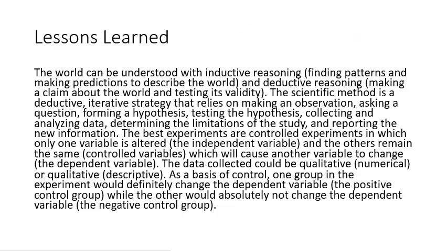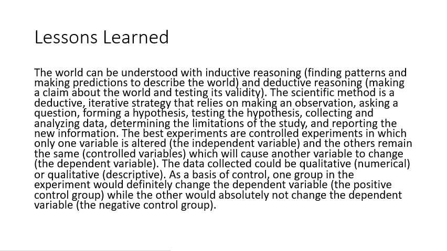We've gone through a lot in this lecture. We've covered inductive versus deductive reasoning. We've covered the scientific method and how it works, how it's a deductive iterative strategy that goes from making an observation to forming a question to then forming a hypothesis and testing that hypothesis, gathering data, whether it's qualitative data or quantitative data, and determining the limitations of that study and then reporting out that information to the community.